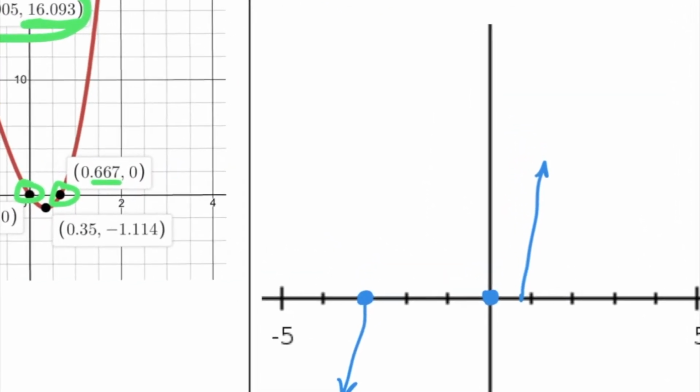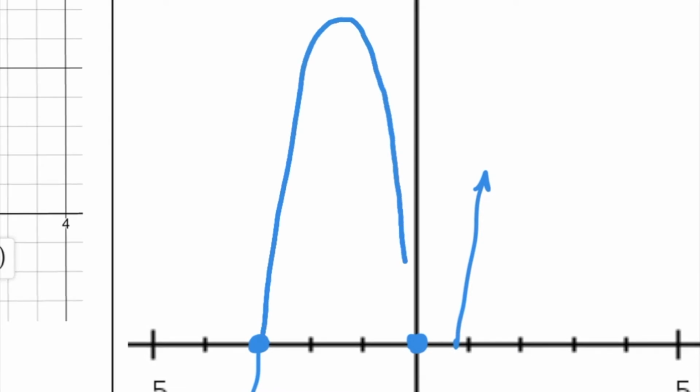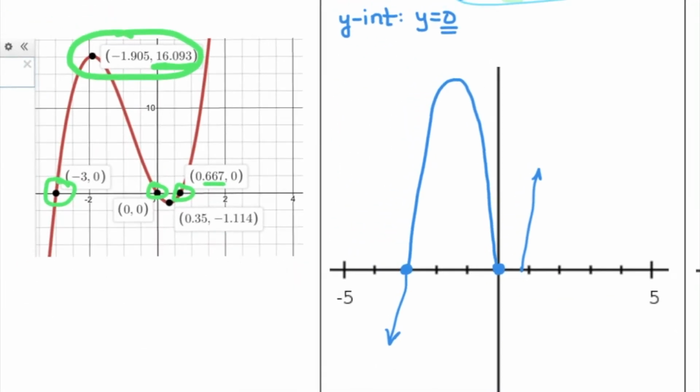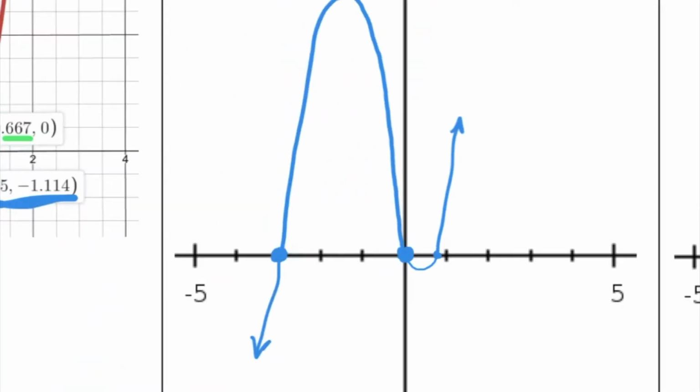I'm not going to give you a realistic idea of the size of that graph, but I'm just going to make that go up and come back down. But then the minimum over here is just -1 on the y-axis, so that doesn't dip very far below the axis at all.